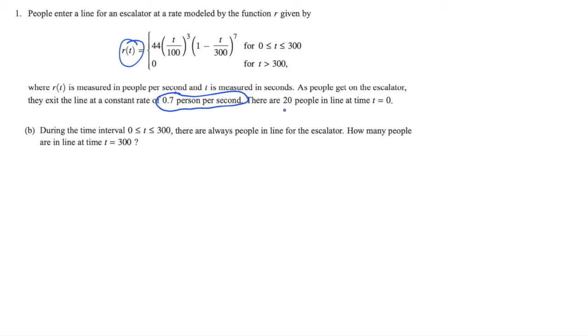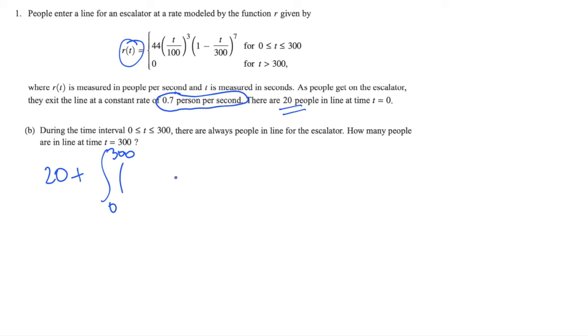We also need to consider that at the beginning we have 20 people. So since we have 20 people at the beginning, we need to add it to the integral from 0 to 300. Then we need to integrate the people who enter and subtract, also in the integral, the people that are leaving the line.